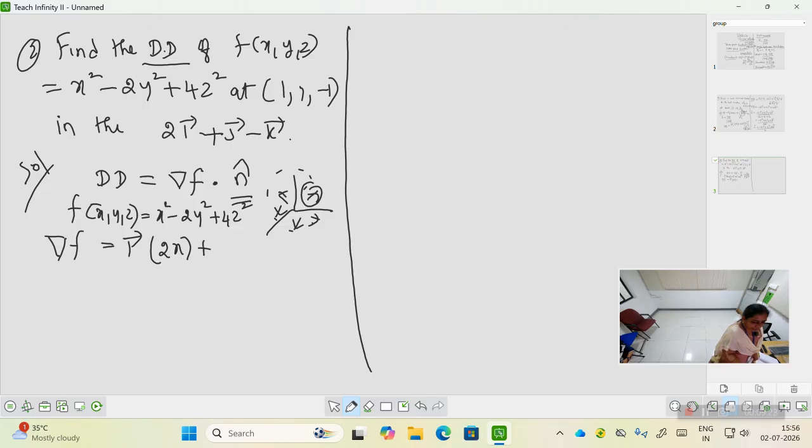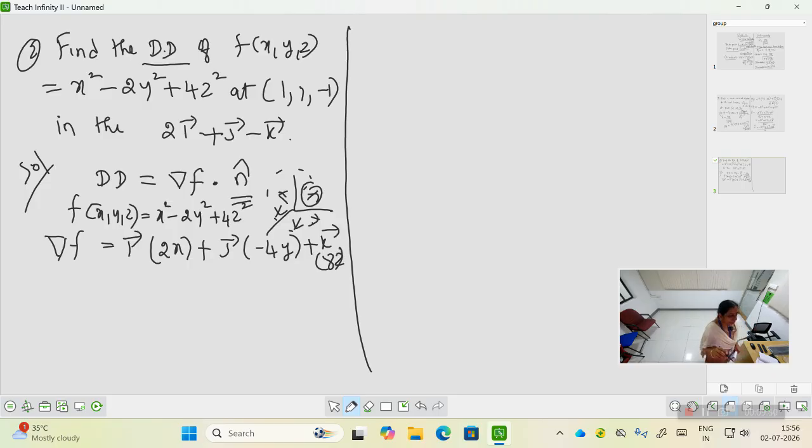So plus j vector times minus 4y, plus k vector times, this is z square, right? So z square means k vector times 2z. So ∂f/∂x, I got 2x. ∂f/∂y, minus 4y. ∂f/∂z, I'll get 8z. Right, I got my del f.